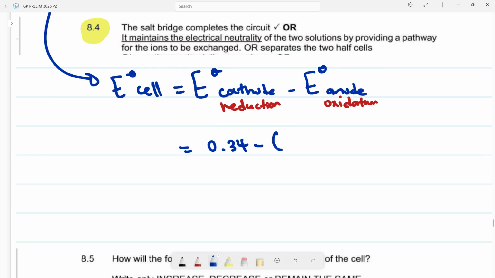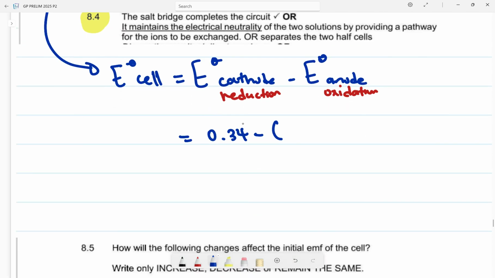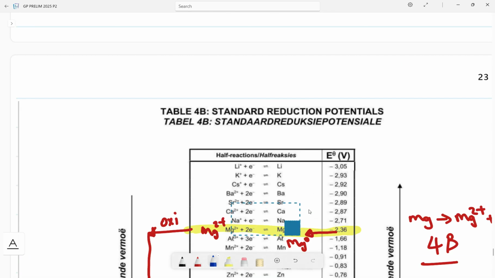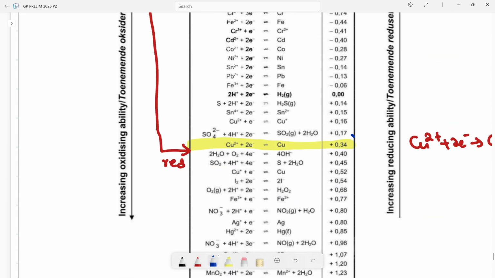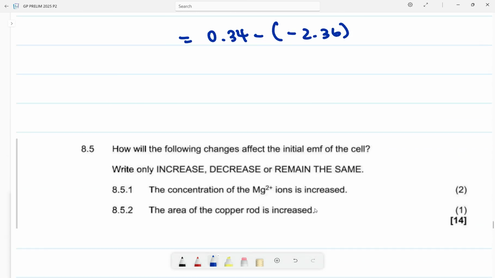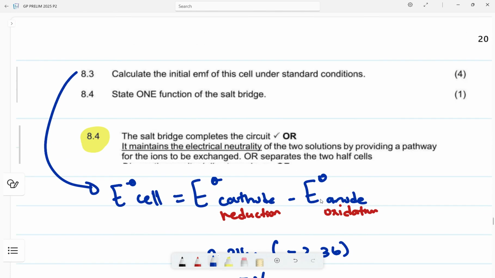My anode is Mg, and Mg from the standard of reduction is negative 2.36. Guys, we can confirm that if you don't believe me. Negative 2.36 as well as 0.34. Then we just need to do basic mathematics, and this will be 2.7 volts.